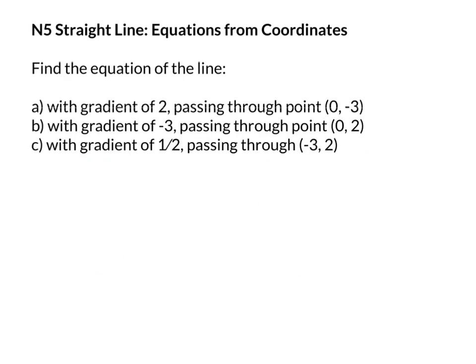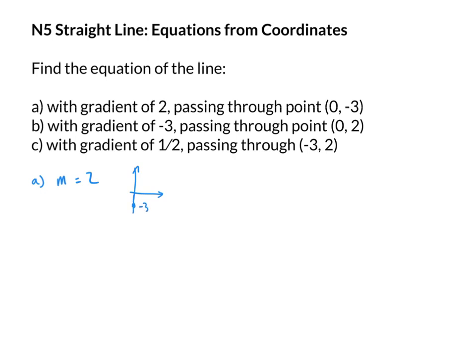Here are three problems. So we're going to find the equation first of the line with gradient of 2 passing through the point (0, minus 3). So I have got the gradient is 2. Carefully studying this point, I can see (0, minus 3) is actually a point on the y-axis. I would go along 0, down to minus 3.